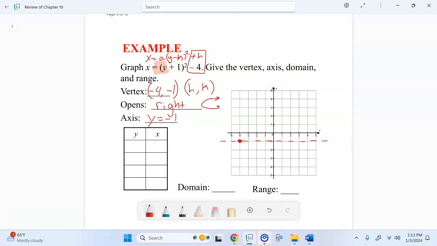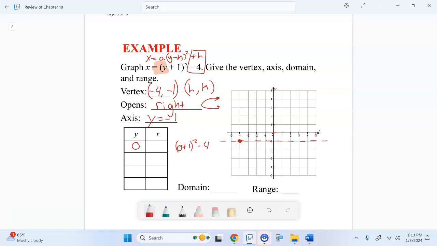So what we can do is start with y equals 0. We'll just go 1 above our axis of symmetry. Okay, y is negative 1. I know where my vertex is. So what about when y is 0? If I go 1 above it, take 0. Let's plug it in. Solve for it. So if I have (0 plus 1) squared minus 4.